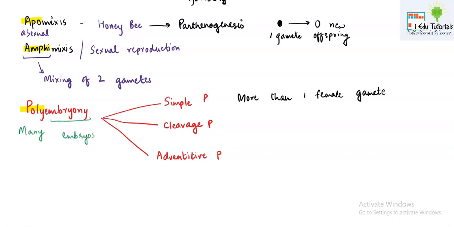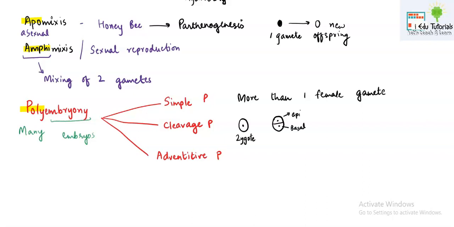Cleavage polyembryony is one where this is the zygote, which is the first unicellular cell, and that is diploid too. Now this zygote will be dividing further. Now instead of forming the apical cell and the basal cell as normal, in the case of cleavage polyembryony, all the cells function as embryos.